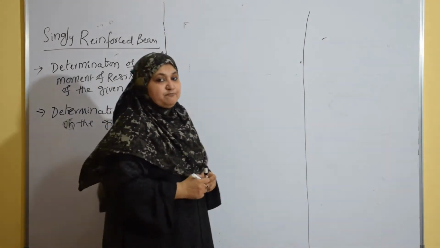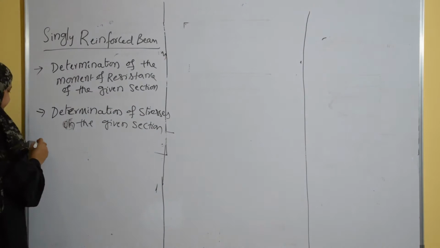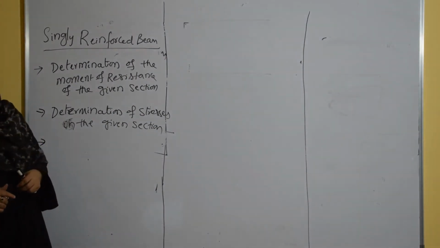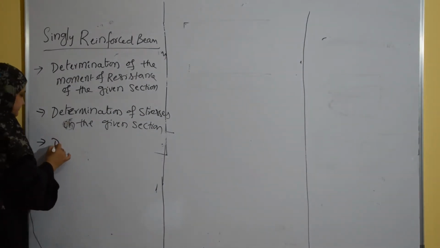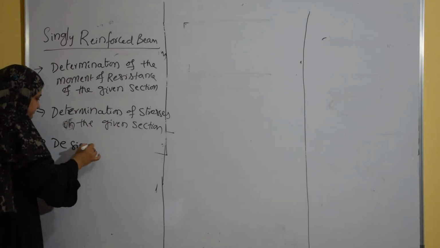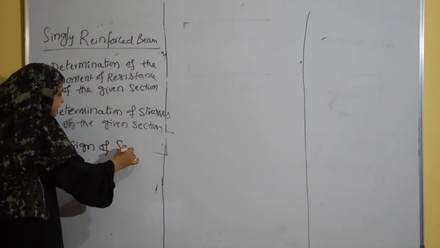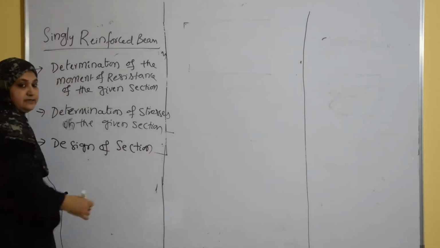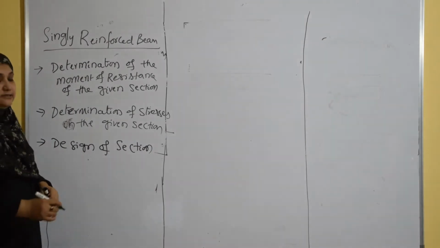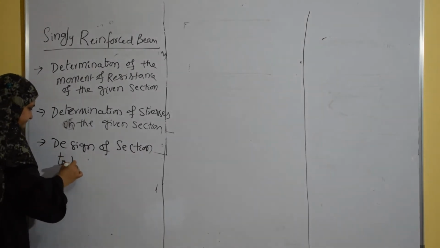The third type of problem is design of section. Design of section to resist a given bending moment.